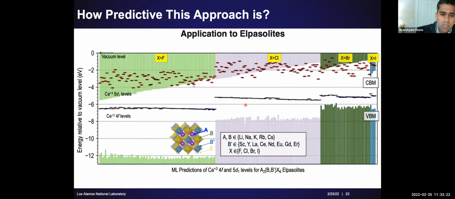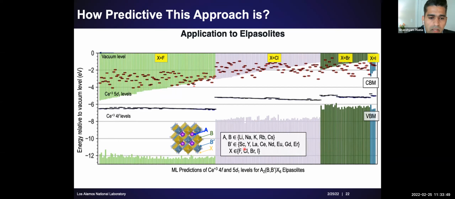So the next test we did was, can we predict known scintillators? And for that, we use an example of elpasolite halides. So elpasolites are double perovskite halides, and we restrain ourselves to this particular chemical space because a number of known scintillators are known to reside in this chemical space.